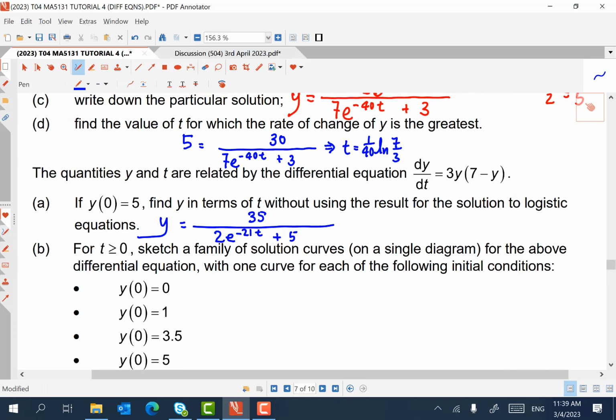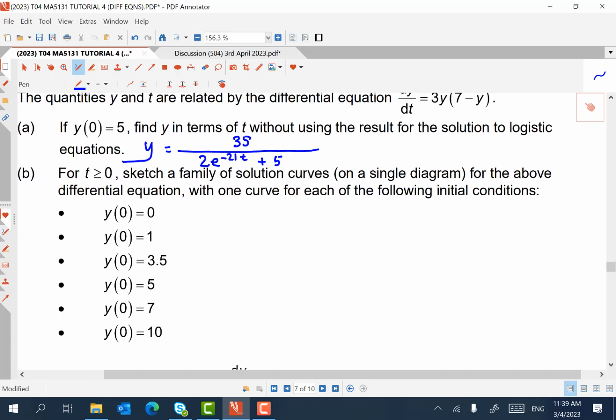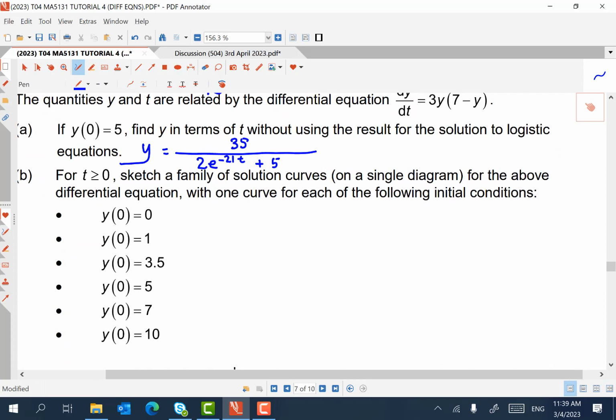Then now you're asked to sketch the family of solution curves. L in this case is 7. Half L therefore is 3.5. If you have y0 equal to 0, then your graph is just like this.